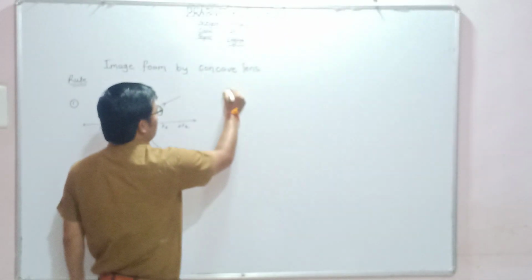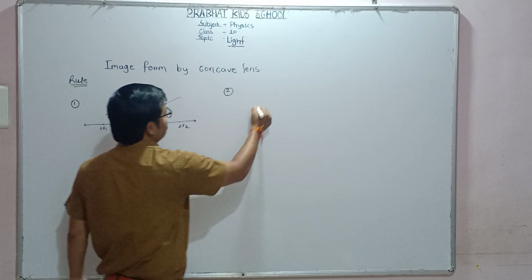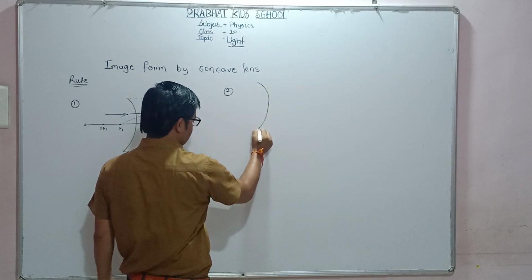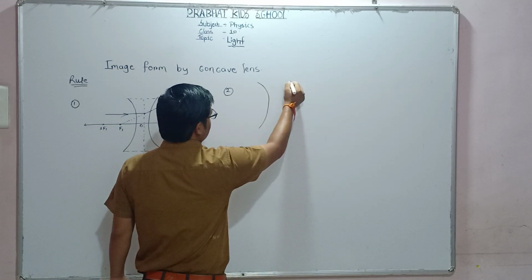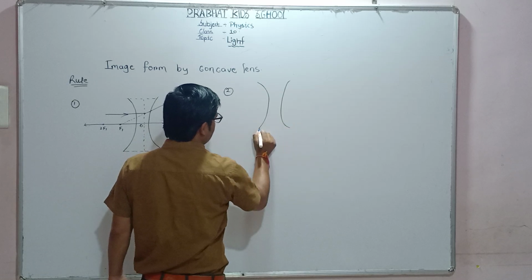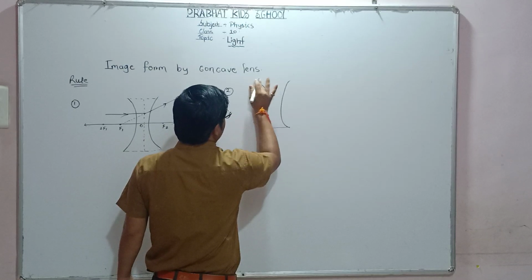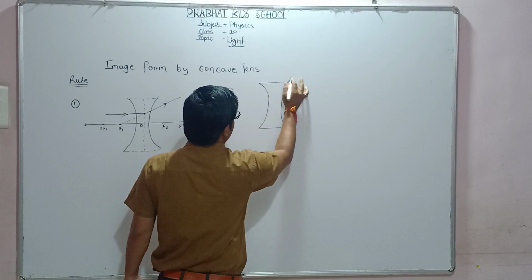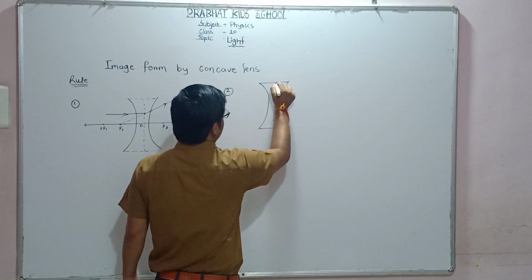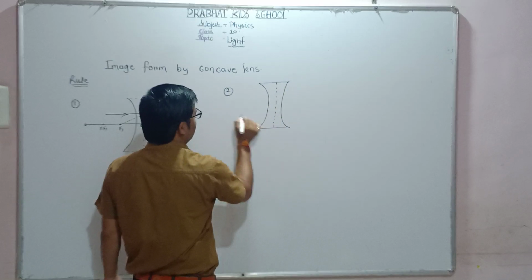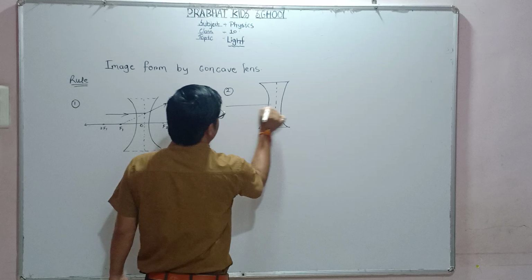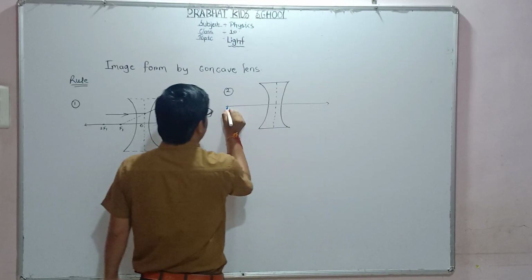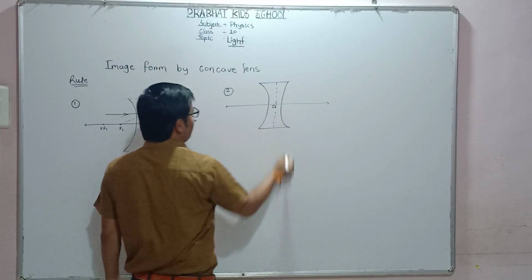You know the second rule, dear student. This is a double convex lens. This is the principal axis. This is the optical center.